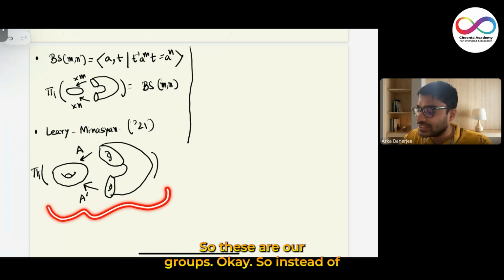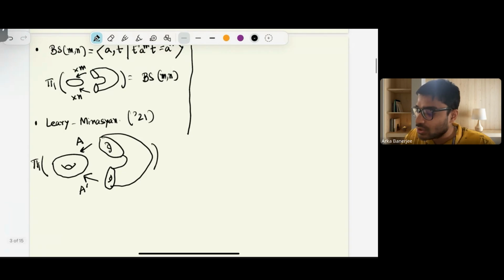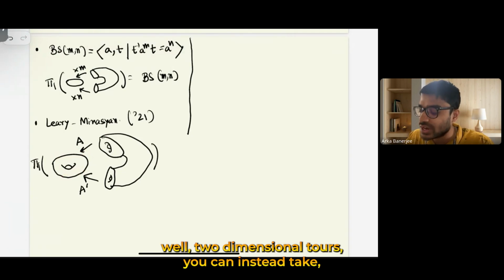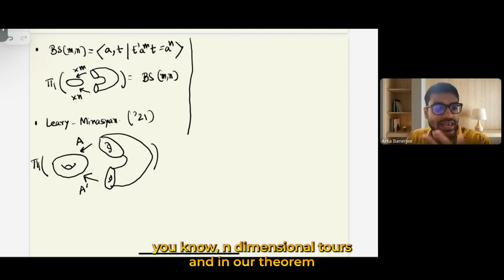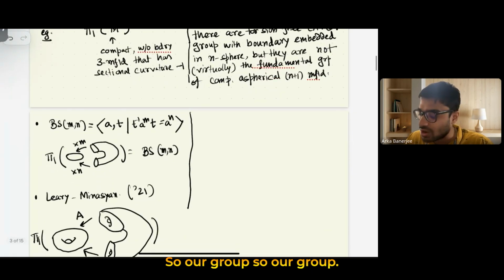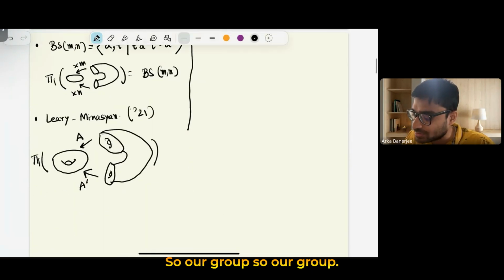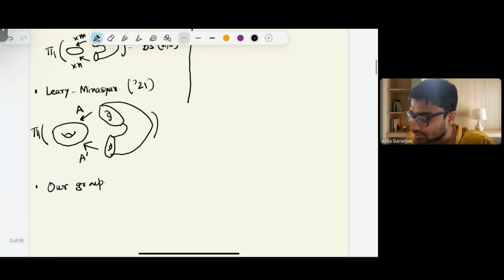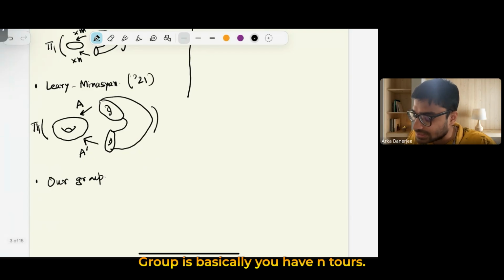Instead of a 2-dimensional torus, you can take an n-dimensional torus, and in our theorem this n corresponds to the dimension of the torus. So our group is basically: you have an n-torus.